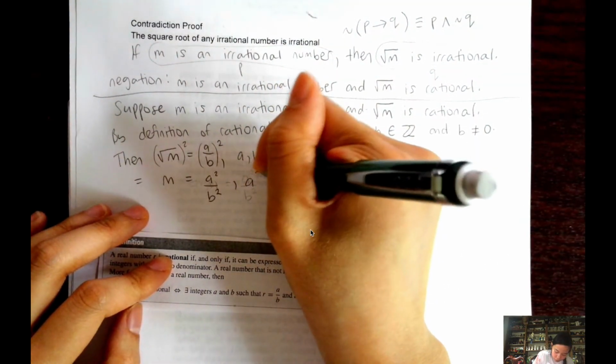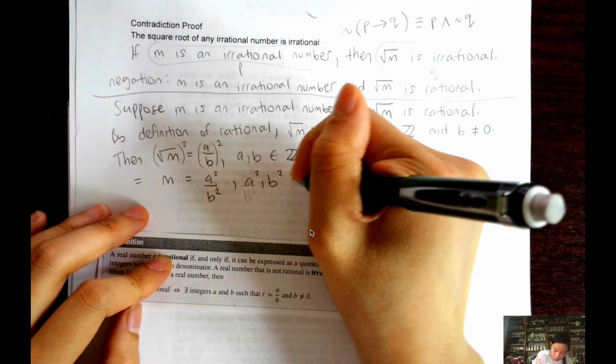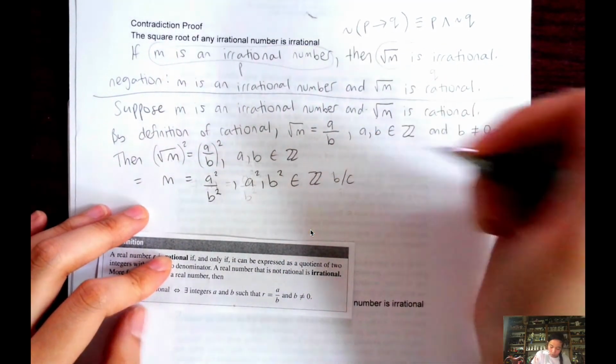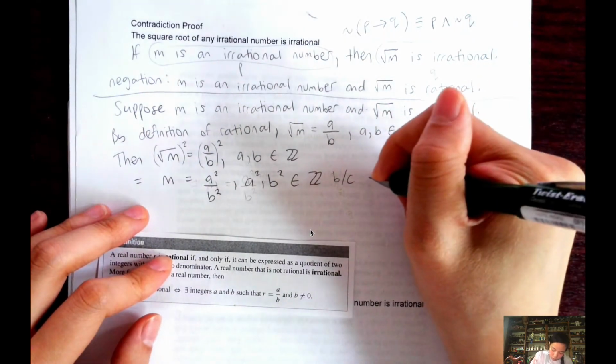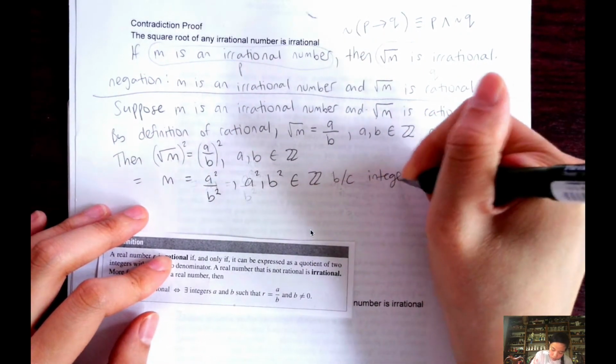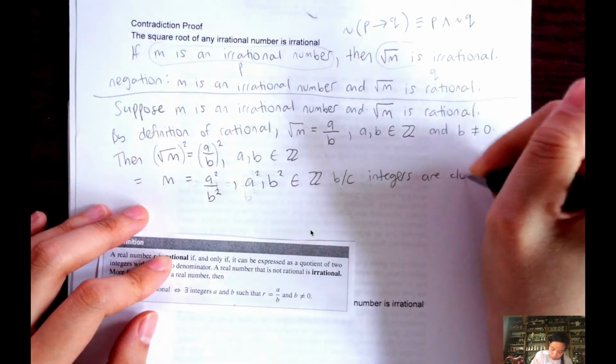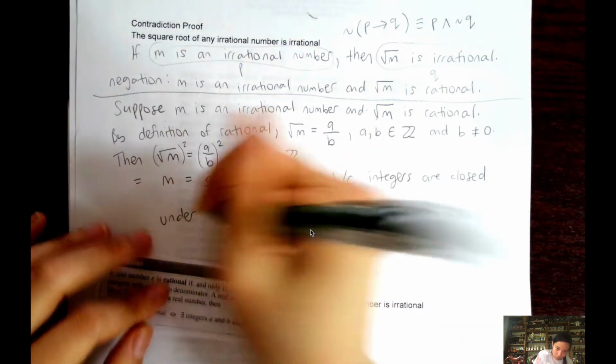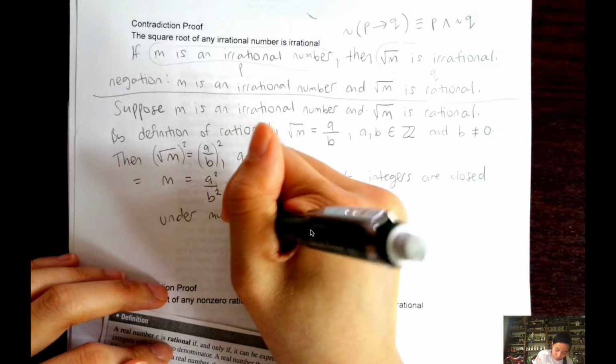And a squared and b squared are elements of the set of integers because integers are closed under multiplication.